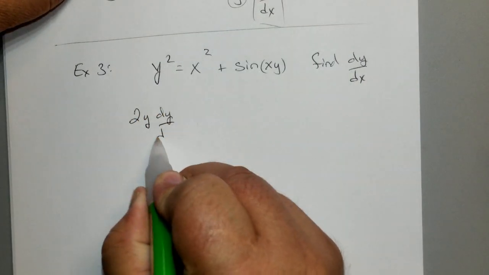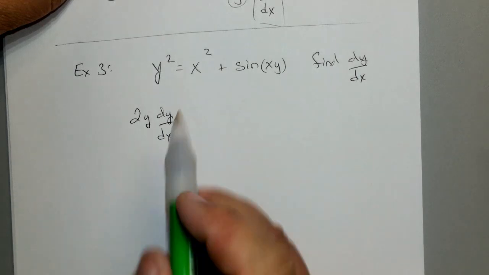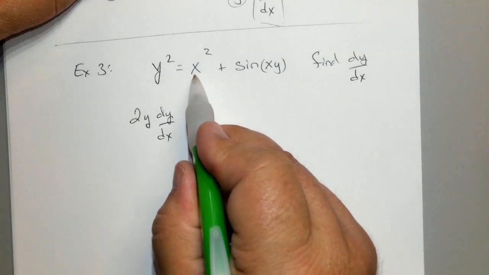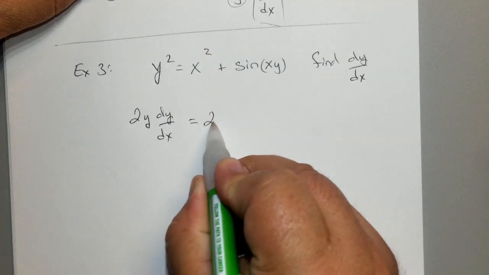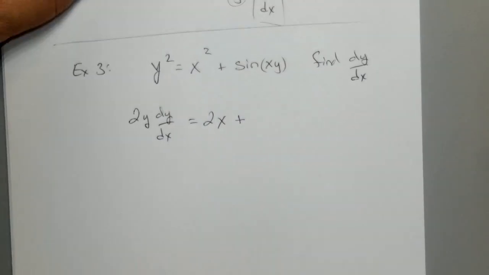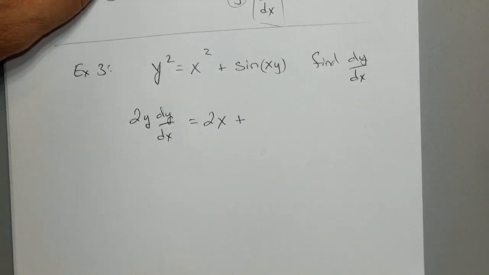Two y dy dx. Whenever you take a derivative of y, put a dy dx behind it. So derivative of x squared? Now what do we do?